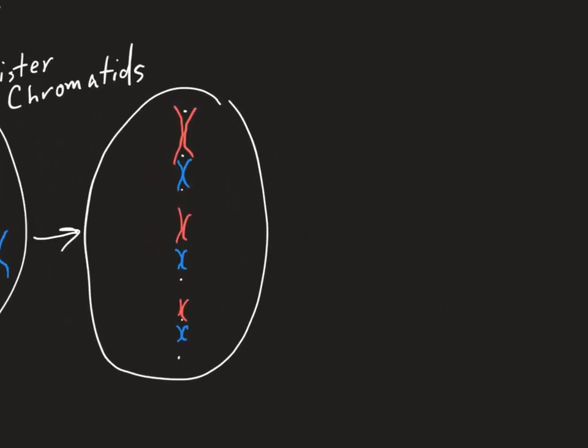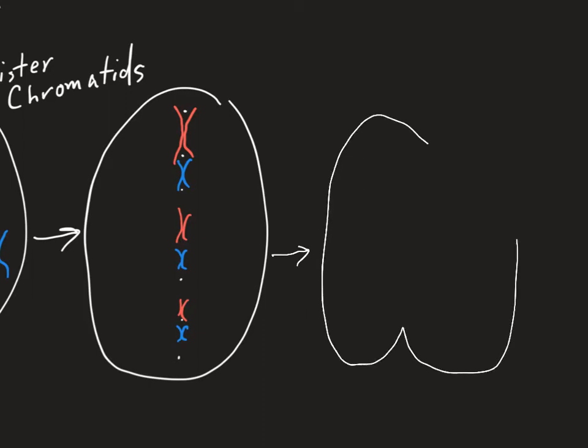What's going to happen next is that as that cell starts to divide into the 2 cells, the sister chromatids are pulled apart. Okay, so there's sister chromatids being pulled apart.